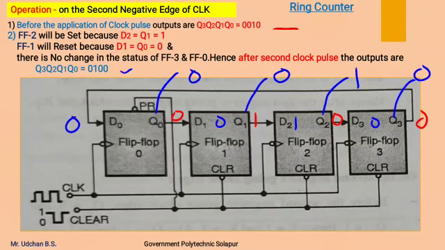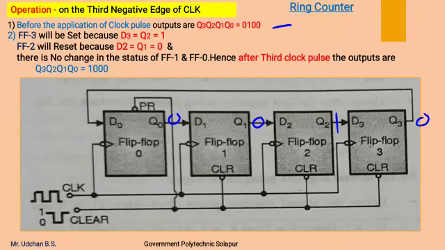Now we will see the operation on the third negative edge of the clock pulse. The previous outputs are 0 1 0 0, meaning Q3 is 0, Q2 is 1, Q1 is 0 and Q0 is 0. Before the application of the third negative edge, we will see the D inputs of each flip-flop. Here Q3 is 0, D0 will be 0.